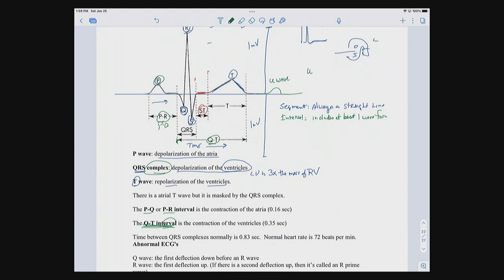So the U wave is thought to be the repolarization of some Purkinje fibers.